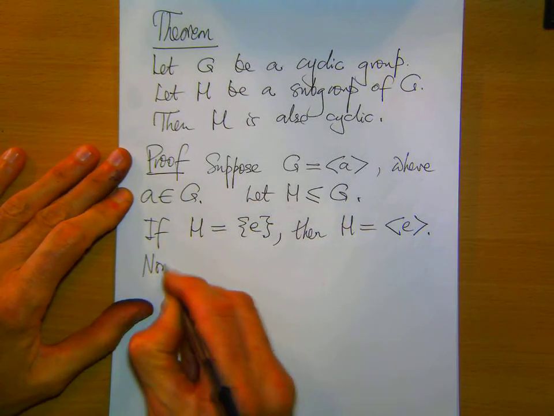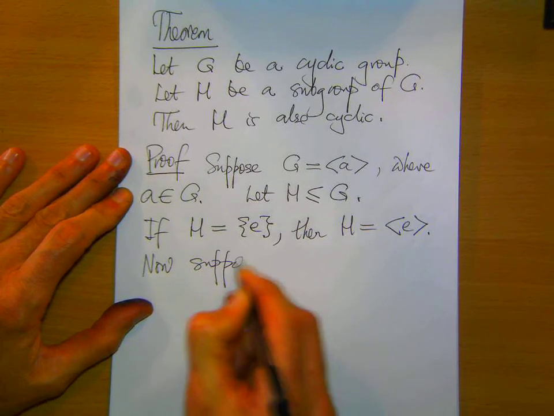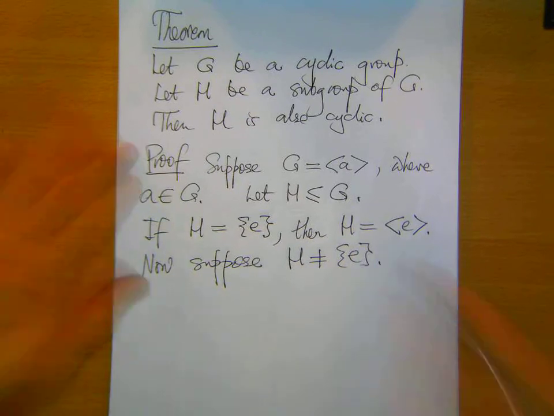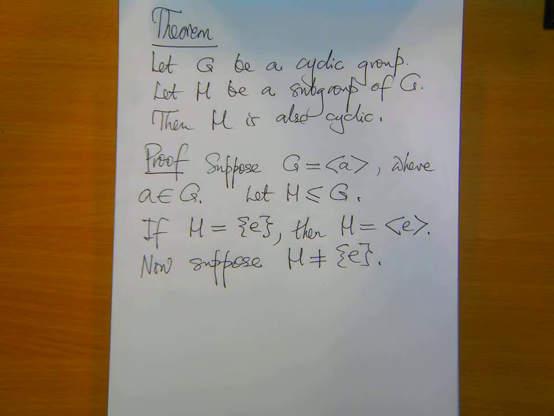So now suppose H is not trivial. I want to show that H is cyclic. Well, H is a subgroup of G, so in particular it's a subset.